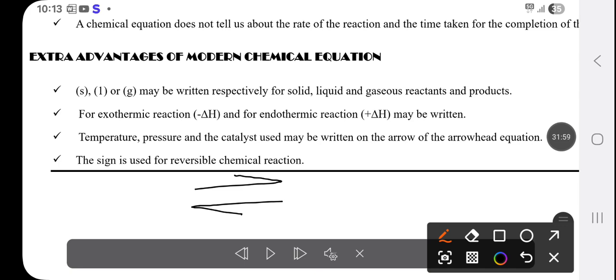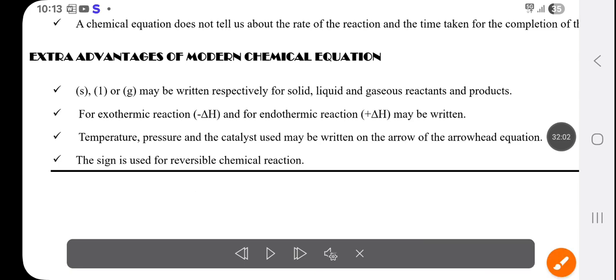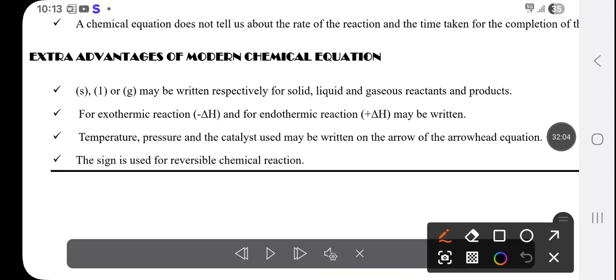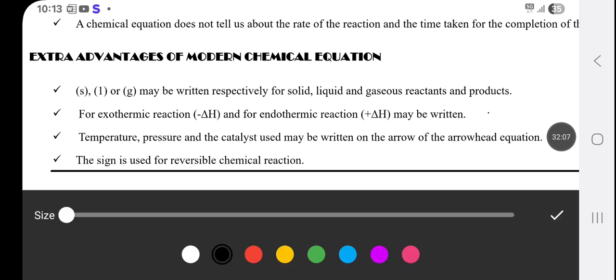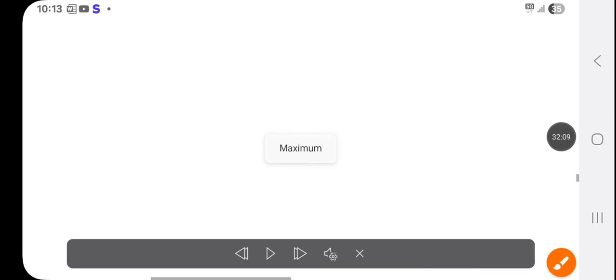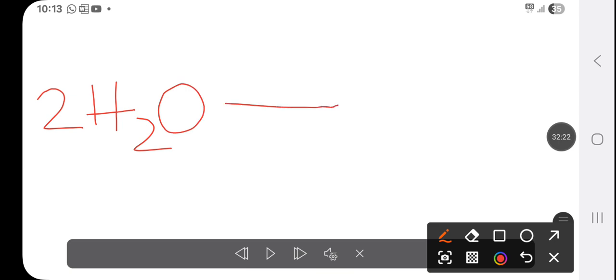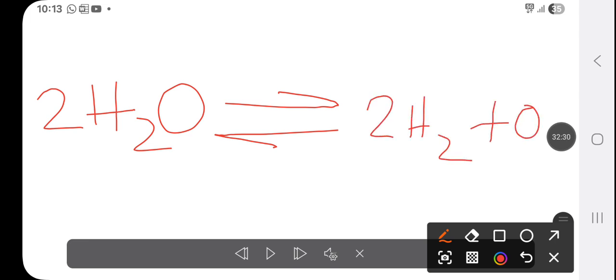Wait, let me write it clearly for you to understand. If we write 2H2O, then H2O gives out 2H2 and O2.